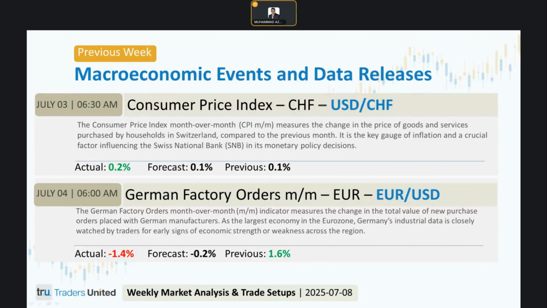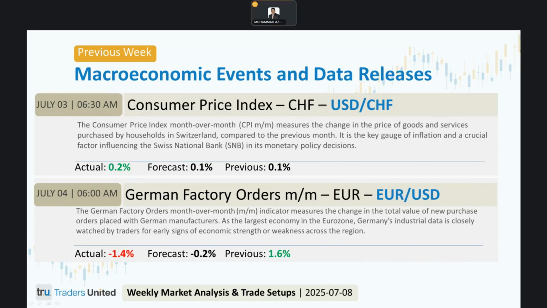Now, the analysis based on the news is that the actual factory orders below forecast is minus 1.4%. And this number confirms a sharp contraction in German manufacturing. This also highlights the fragility of the Eurozone's recovery and raises the risk of a prolonged slowdown.